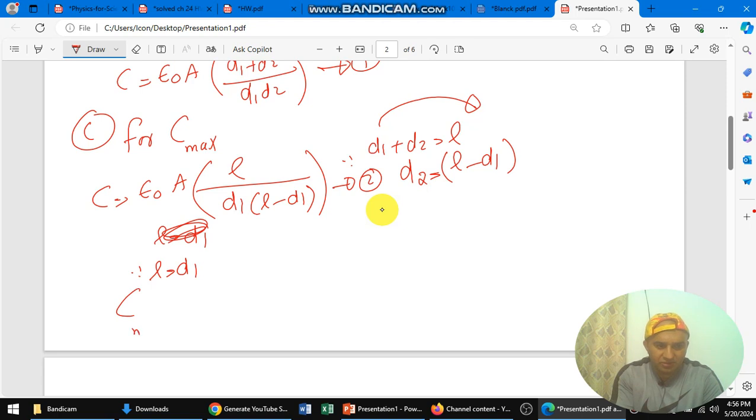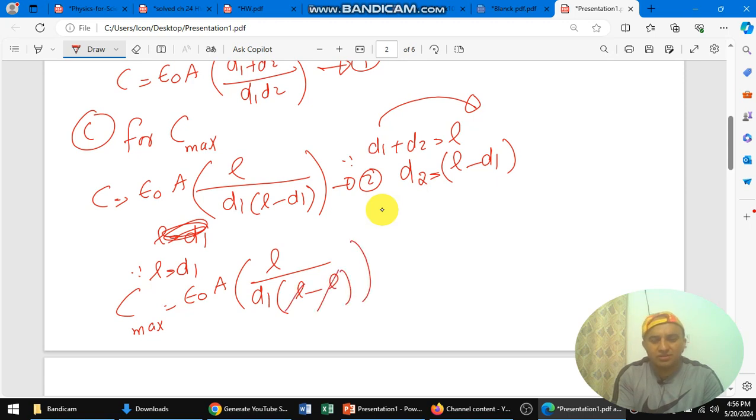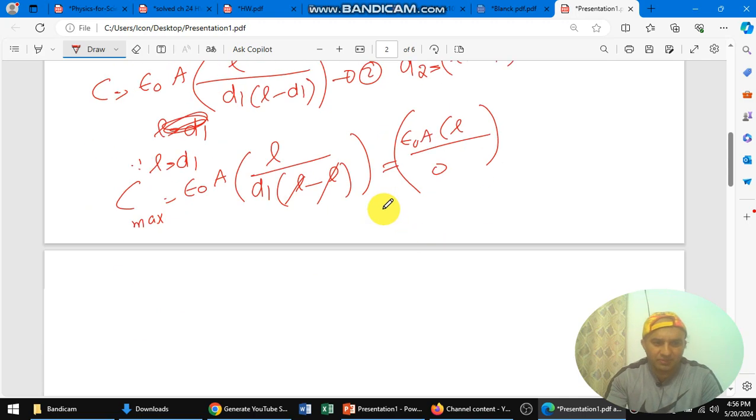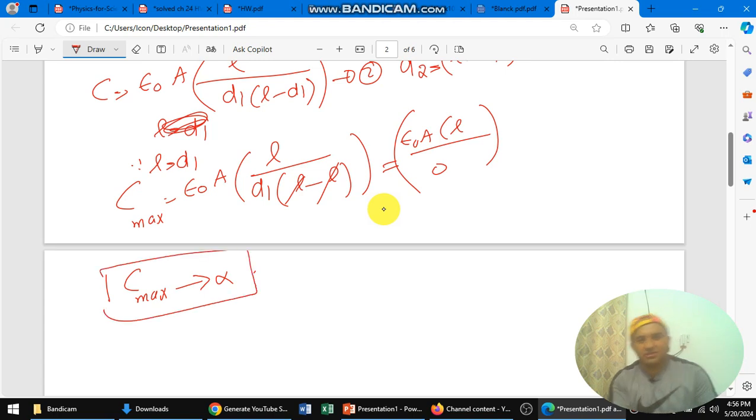The capacitance is epsilon naught A L over D1 into L minus D1. Instead of D1 we write L, so L minus L is 0, and epsilon naught A L over 0 gives us infinity. So the maximum capacitance becomes infinite if the distance L is equal to D1.